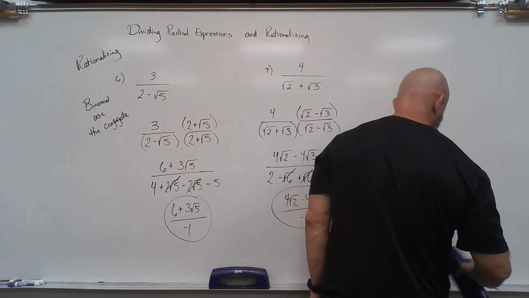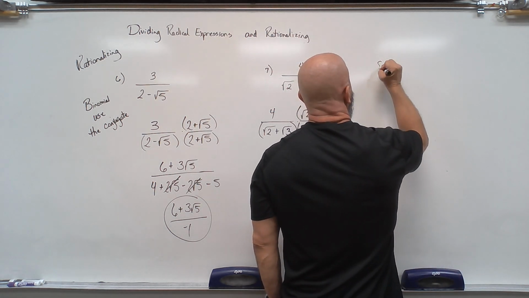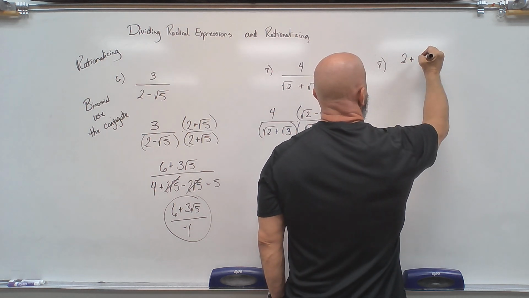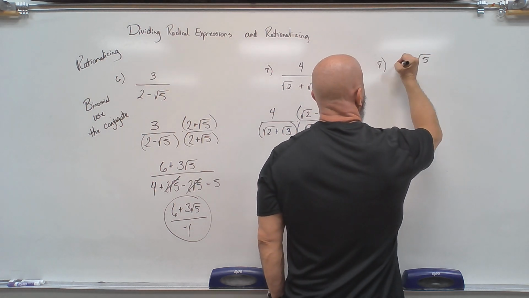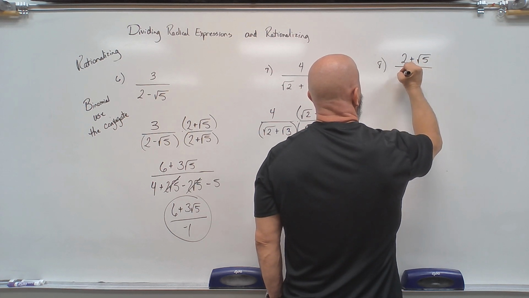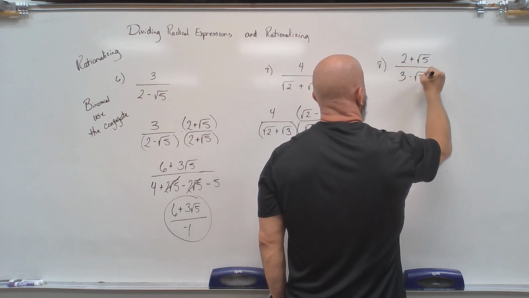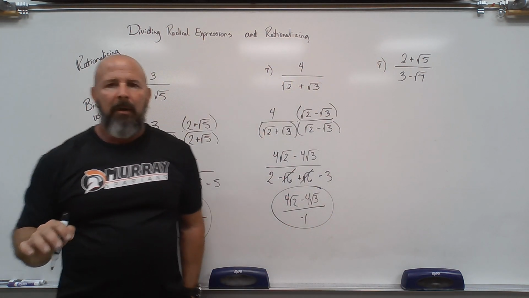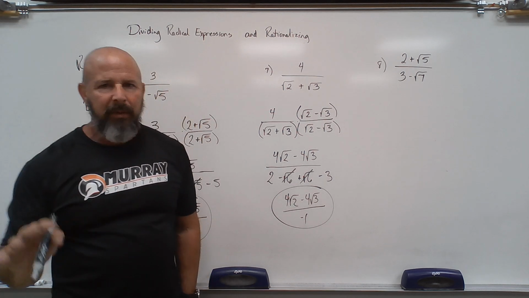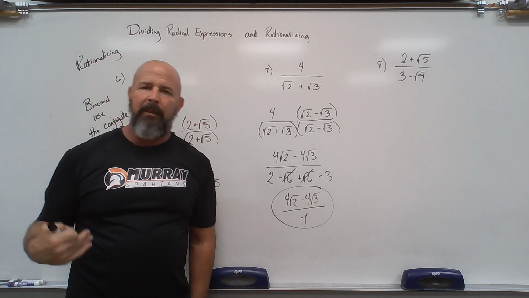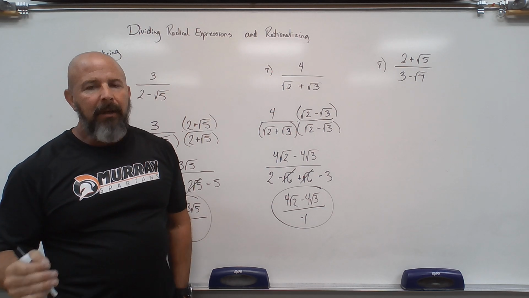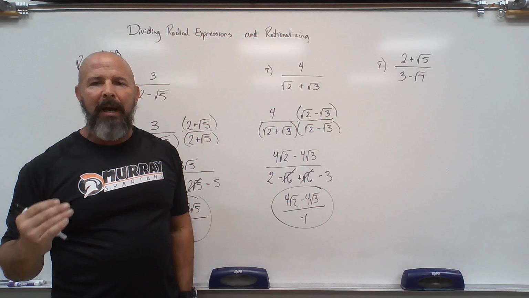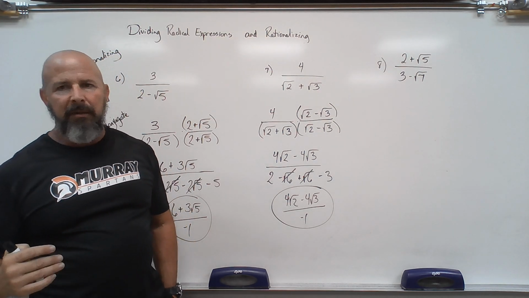If we were to see something a little different, like a binomial in the numerator, let's go like 2 plus root 5 over 3 minus root 7. Remember, in our simplified form, we don't care if there is a square root sitting in the numerator. We care that there's a square root sitting in the denominator. We need that rationalized, that radical eliminated from the denominator.